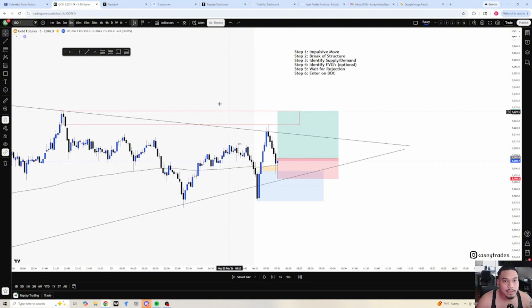Another thing to add is, if you guys are familiar with chart patterns, this down here is a double bottom. And if you don't know what a double bottom is, it's basically just a chart pattern. Let me show you guys.